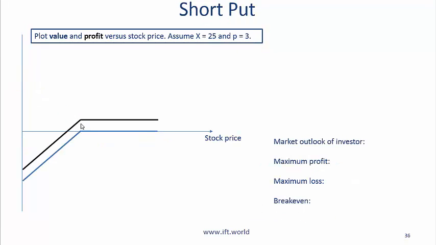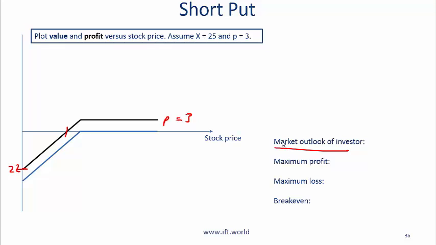Short put, this is the mirror image, same break-even point. For the short put, the maximum loss is 22, and the maximum gain is the price of the put option, which is 3. These are fairly self-evident. What's the market outlook?